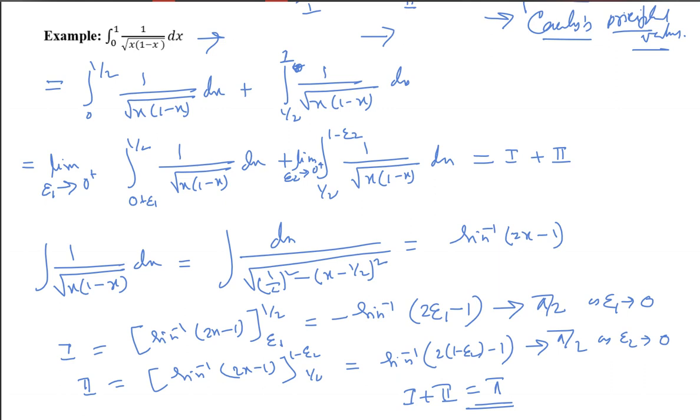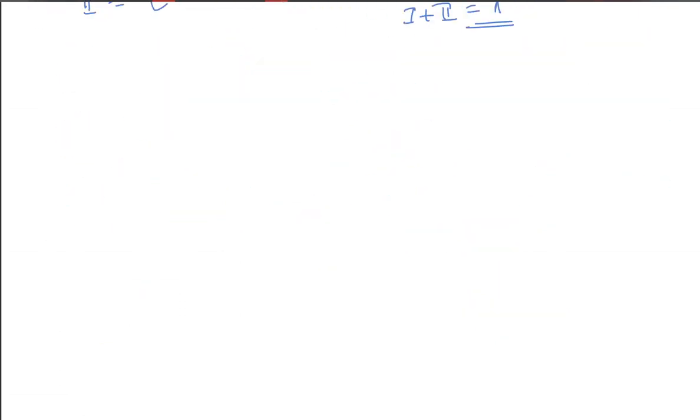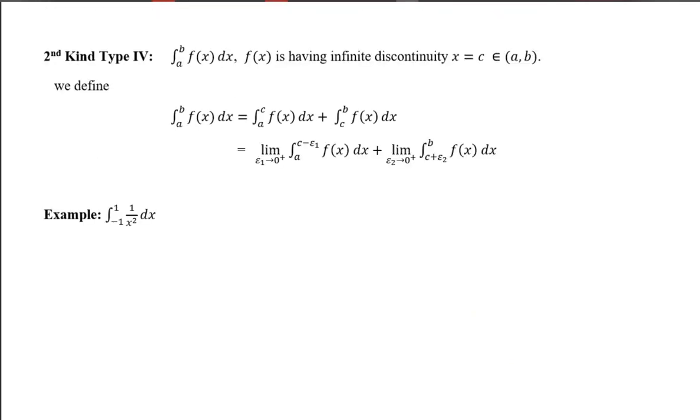But the converse is not true. That means sometimes the improper integration is not converging, but in that case also you can find the Cauchy's principal value. We'll do a problem next after discussing the next type 4.